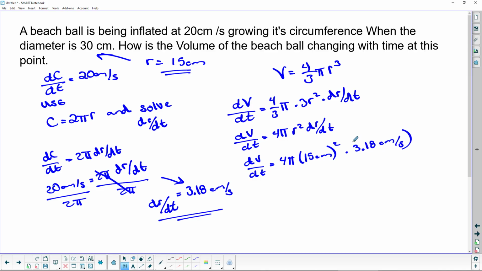Okay, then we get our calculator out and we're going to do some crunching of numbers. Since we got decimals over here, we might as well change that pi into a decimal as well. And then you're going to get cubic centimeters per second, because you got a squared centimeter times a centimeter per second. Okay, so let's go.